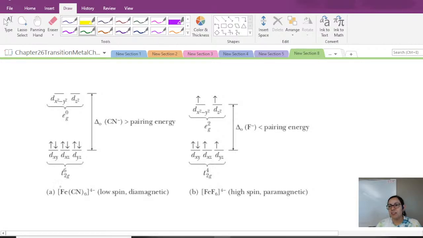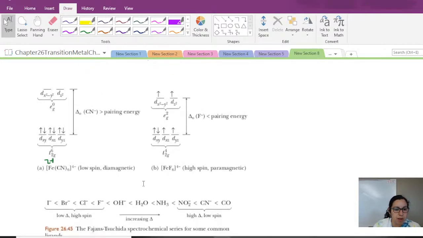What do we say? 2 plus. There we go. Now let's just say we're comparing these two compounds.